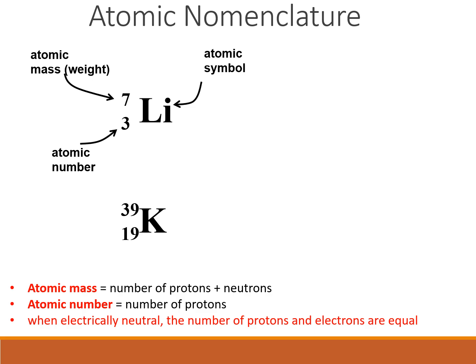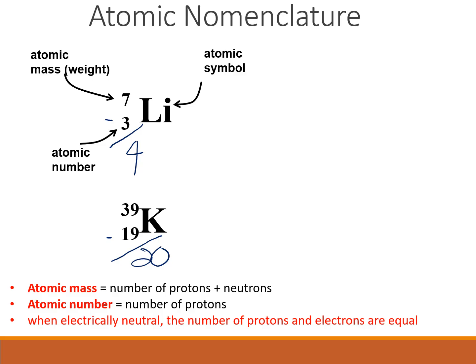I like to write the symbols this way. I like to write it with the atomic weight or the atomic mass at the top and the atomic number at the bottom. Because then to figure out the number of neutrons, I just do some subtraction. 7 minus 3, 4. That's the number of neutrons that are found in the atomic nucleus. 39 minus 19, that's 20.